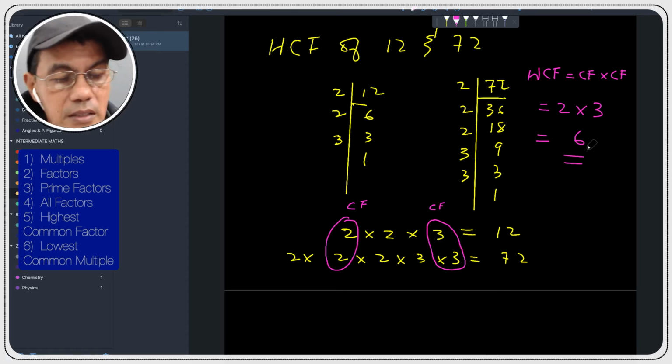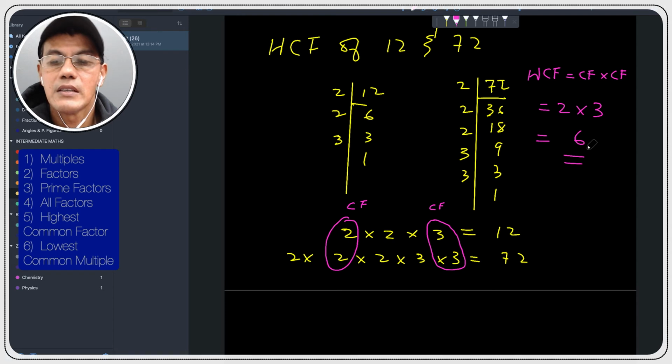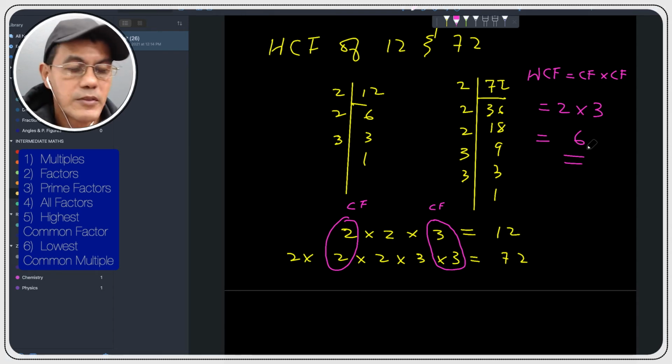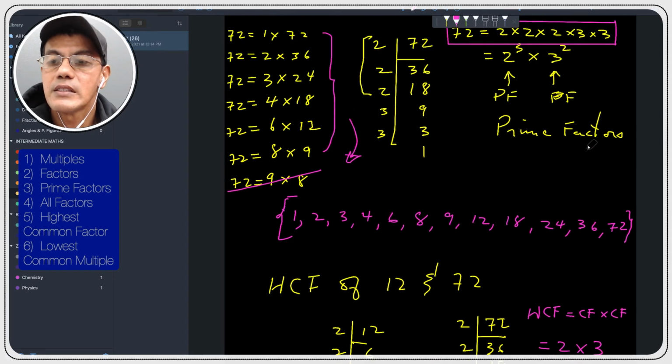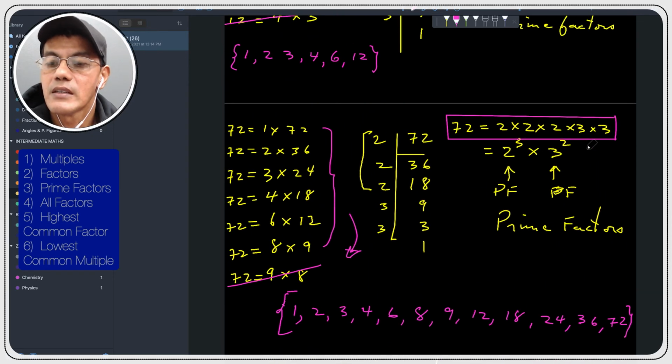Now this is a really good method to find highest common factor. Of course, you could have written back the factors and compared them. You could have gone through this and said, look, 1 is common with 1, 2 is common with 2, 3 is common with 3, 4 is common, and then 6, and they don't have a 12.